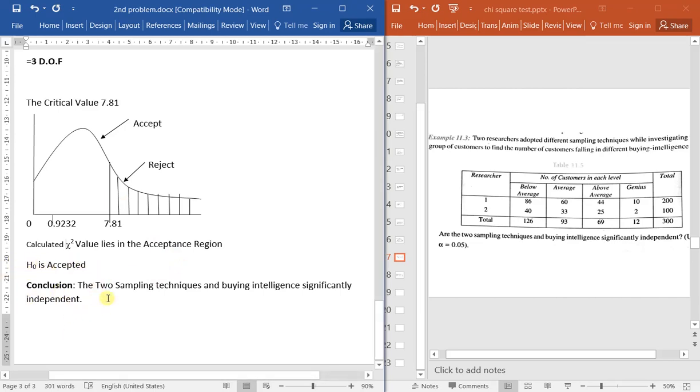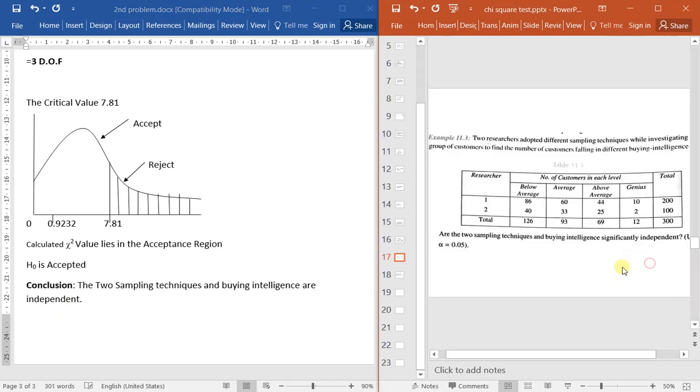Your conclusion will be that the two sampling techniques and buying intelligence are significantly independent. You can write just independent, because they had asked whether it is significantly independent. You can use the word significant or just leave it. So the two sampling techniques and buying intelligence are independent.